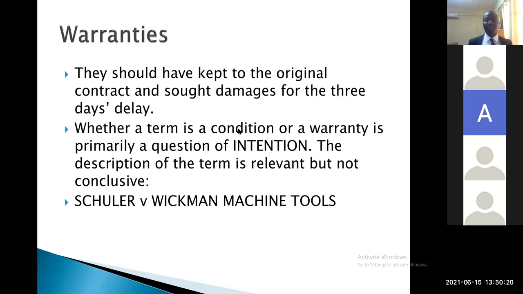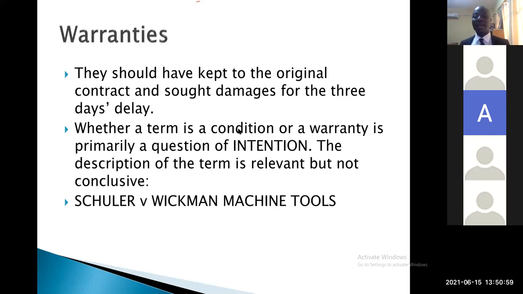On the other hand, if we examine the entirety, the totality of the contract, if the court can gather from the entire contract that the true intention of the parties is that that particular term should be something of relatively lesser importance, then notwithstanding the fact that the parties have given the label condition, the court could ignore that and say that that particular term is a warranty and not a condition.